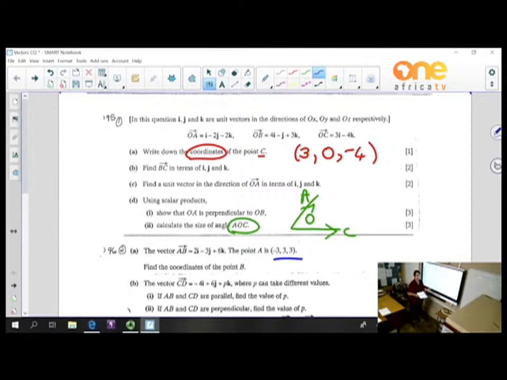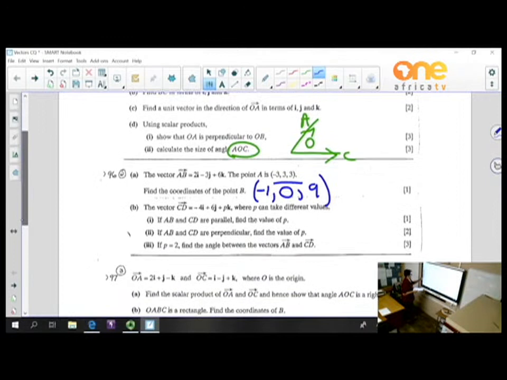We can do that because you add x and x, y and y, z and z. So this is the coordinate negative 3 plus 2, which is negative 1. Remember, these are coordinates that I want to give. Then 3 minus 3 is 0, and 6 plus 3 is 9. So there are the coordinates of B.